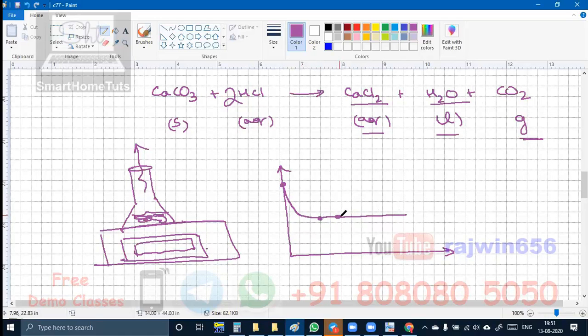So at this point, the rate of reaction is going to become 0. This method of finding the rate of reaction is known as decrease in mass. I want all of you to draw this diagram as well as that graph. If you have any questions, you can ask me also.